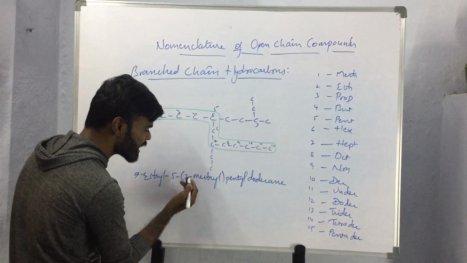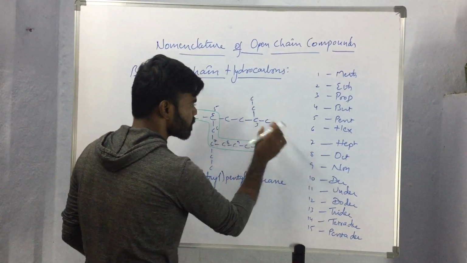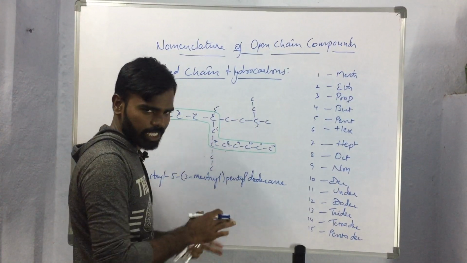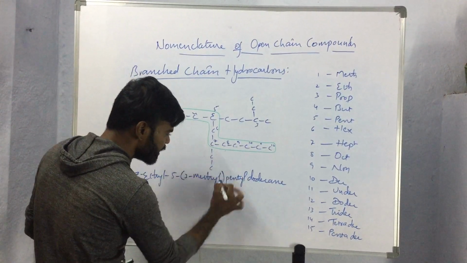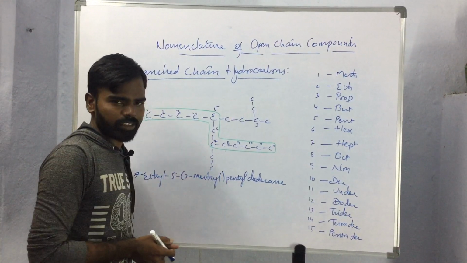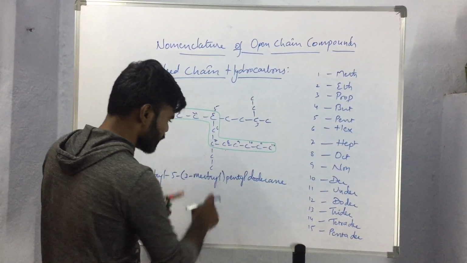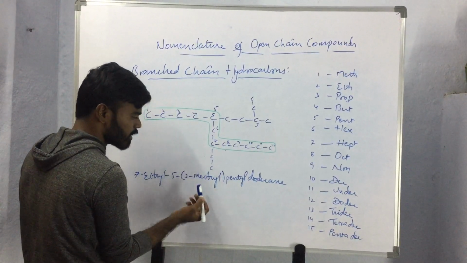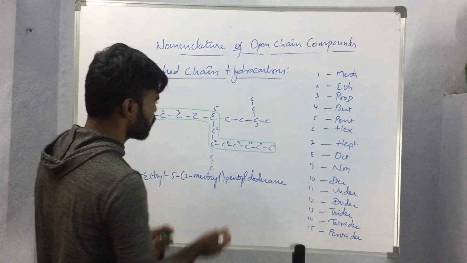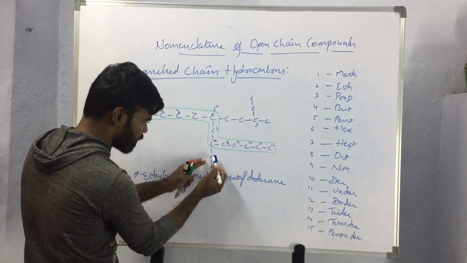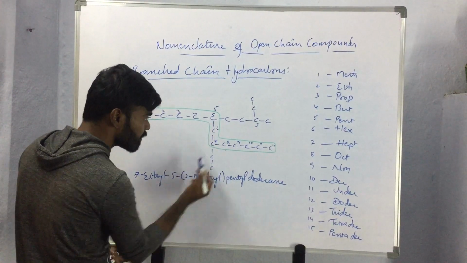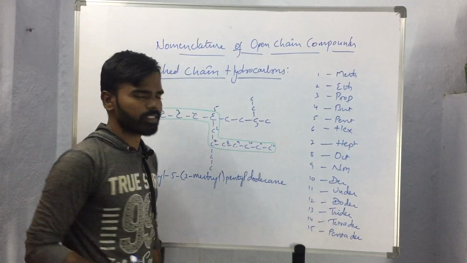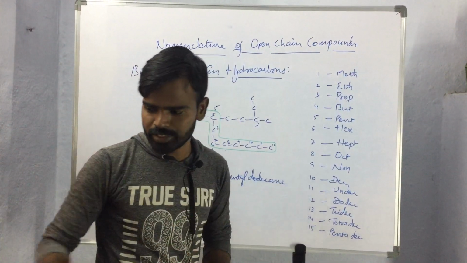That's why we indicate the presence of the substituent on the side chain within parentheses or brackets. These brackets indicate that on this side chain, on this position, this substituent is present. So here 7-ethyl-5-(3-methylpentyl)dodecane. Like this we will be naming the compounds.